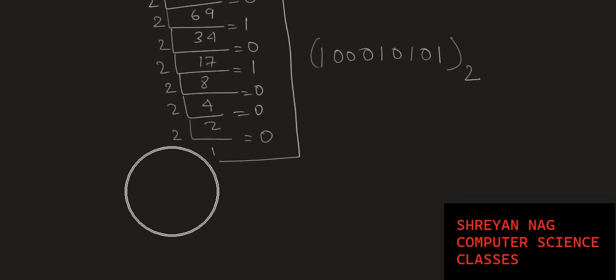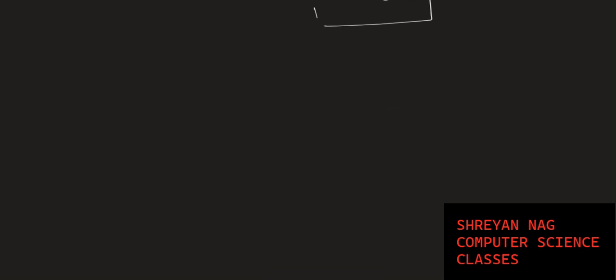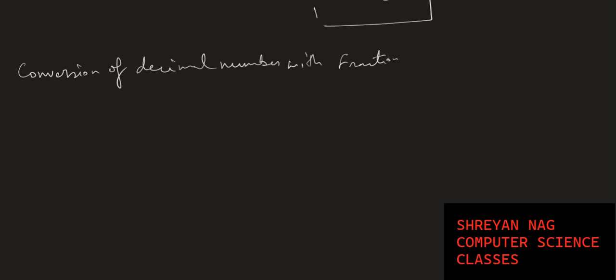Now we are going to see how to convert a decimal number with a fractional part to binary.